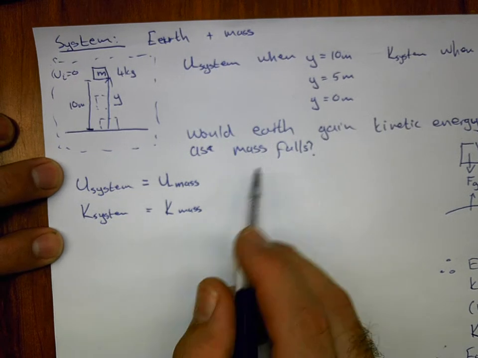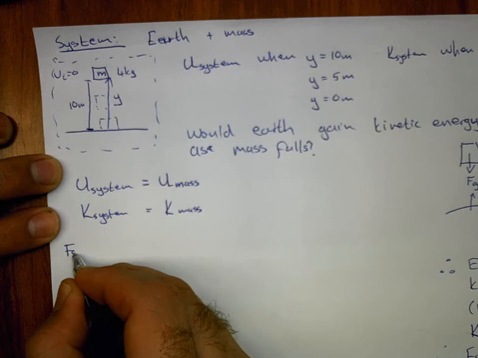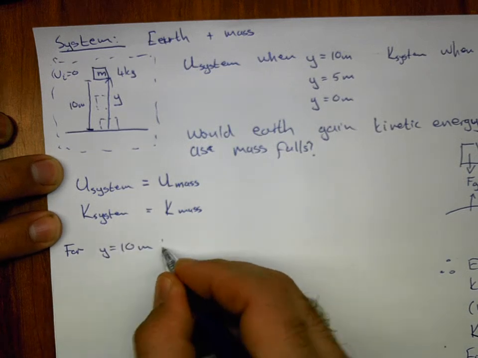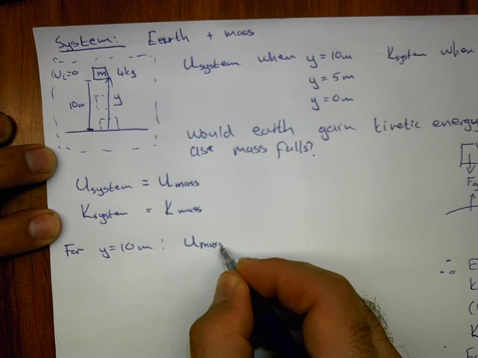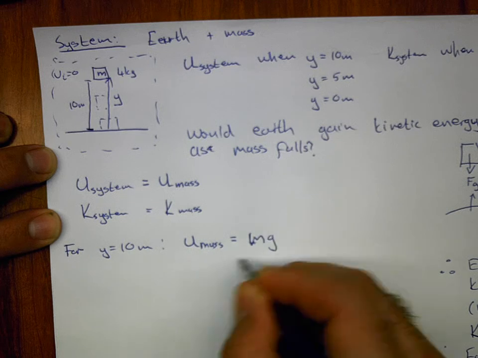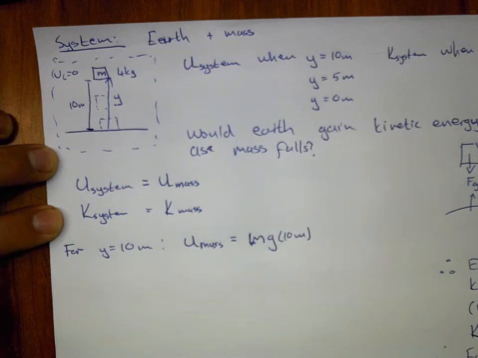Right, now let's look at the potential energy for y equal to 10 meters. Then the potential energy of the mass is equal to m times g times 10 meters. We derived this yesterday, just an expression for gravitational potential energy.